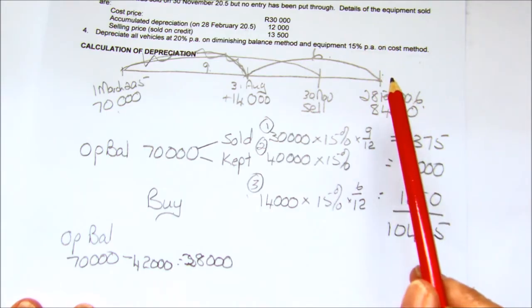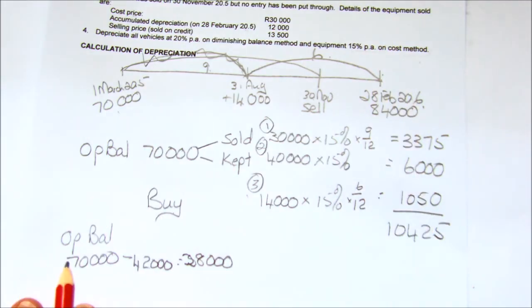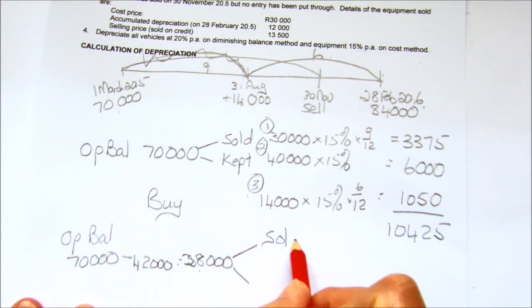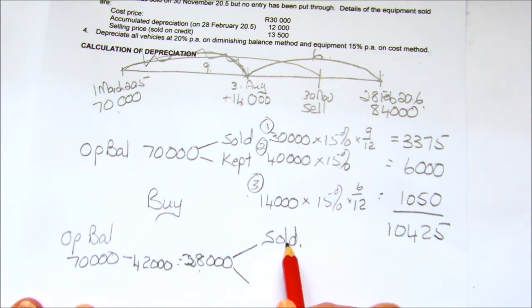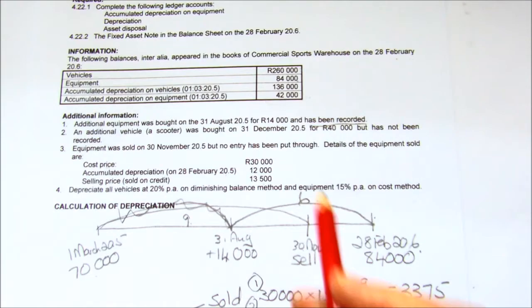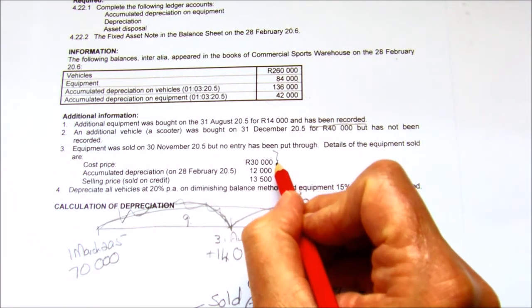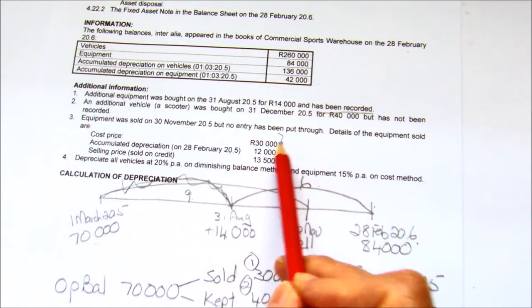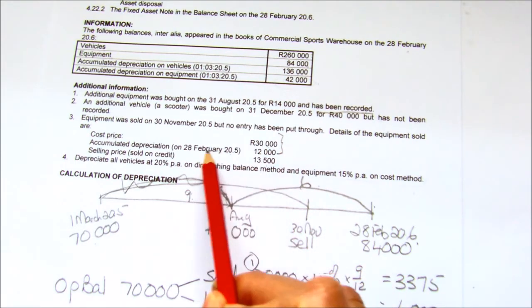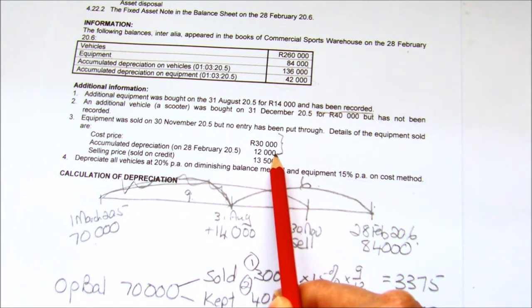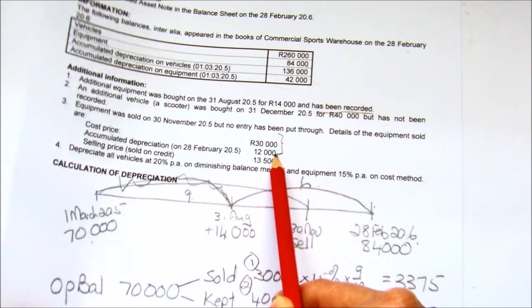And you are going to get this. It is more challenging. So the first thing, because it's on diminishing balance, you need to work out the diminishing balance. Then, again, you need to work out and say, right, what was the diminished balance of the asset I sold at the beginning of the year? And that's this here that they gave you. They told you the original cost was 30, and up to the beginning of the year it had already been depreciated by 12.